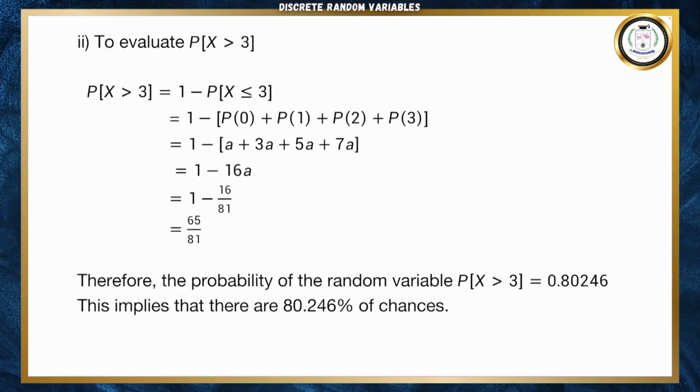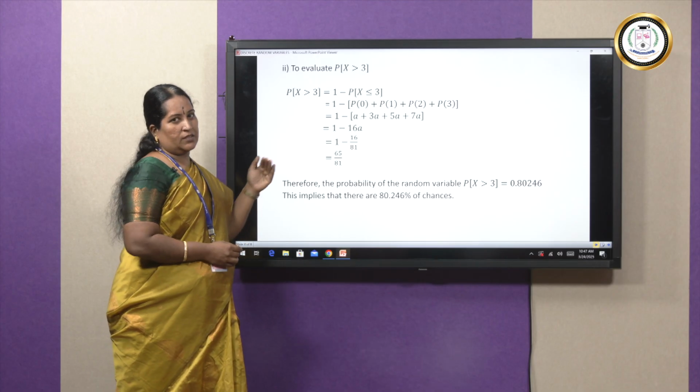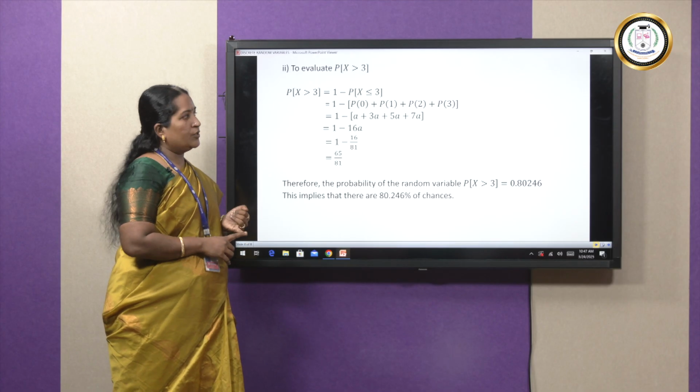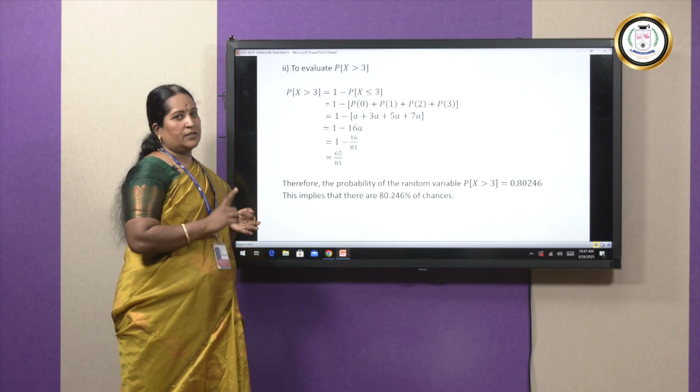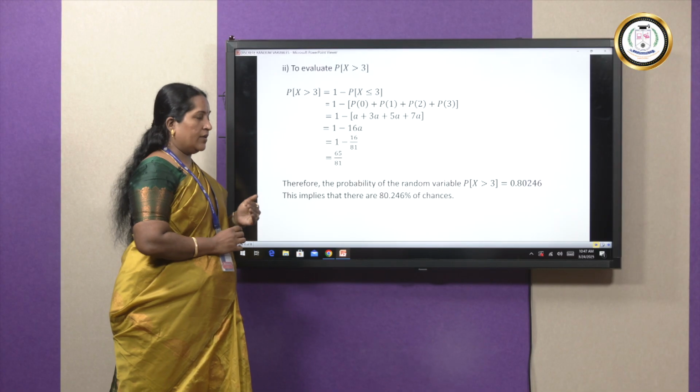So we can write this as 1 minus the probability of the values less than or equal to 3. The values less than or equal to 3 in this table are x takes the value 0, 1, 2, and 3. So we can take 3 also.